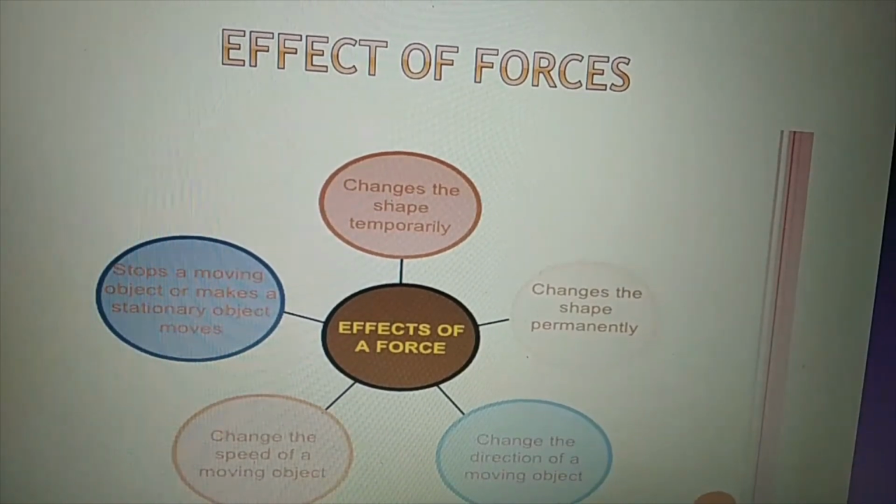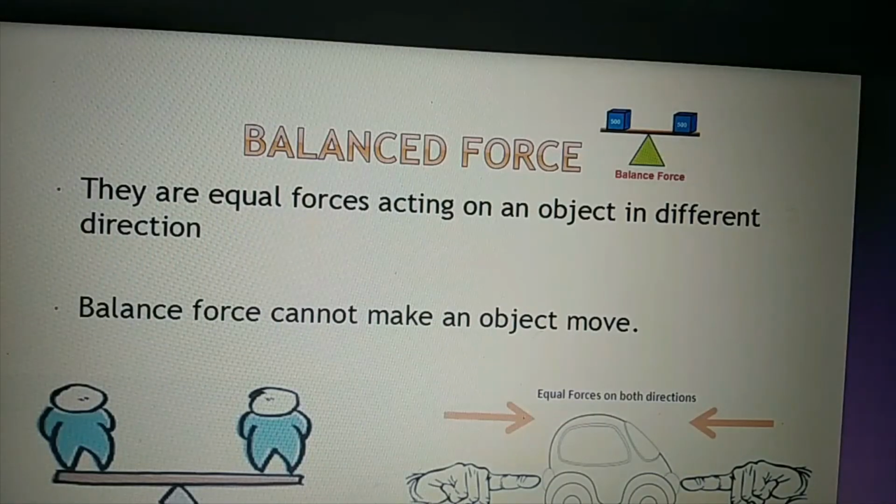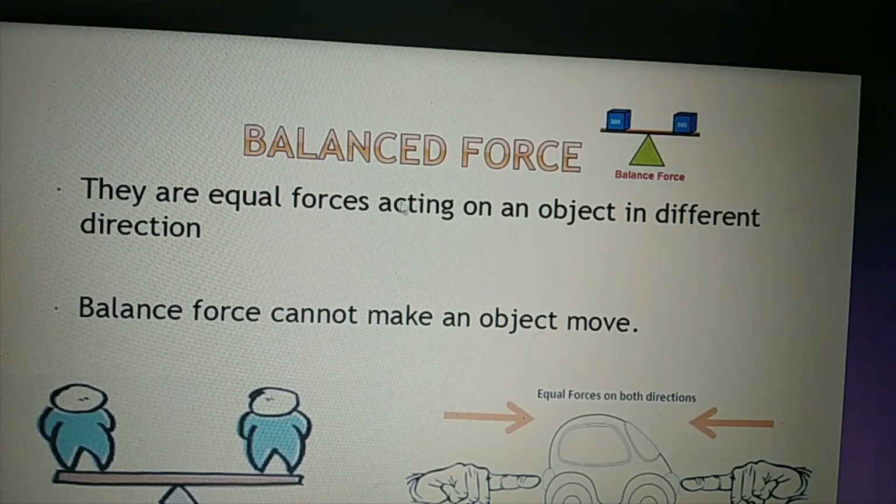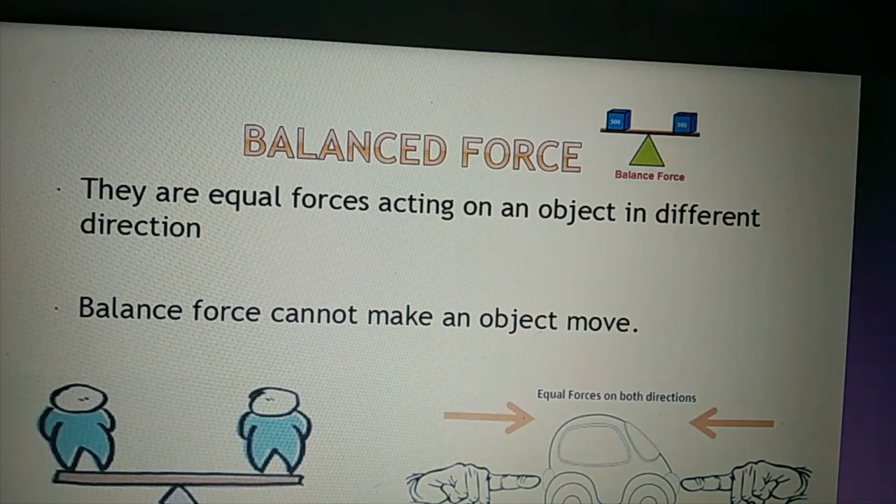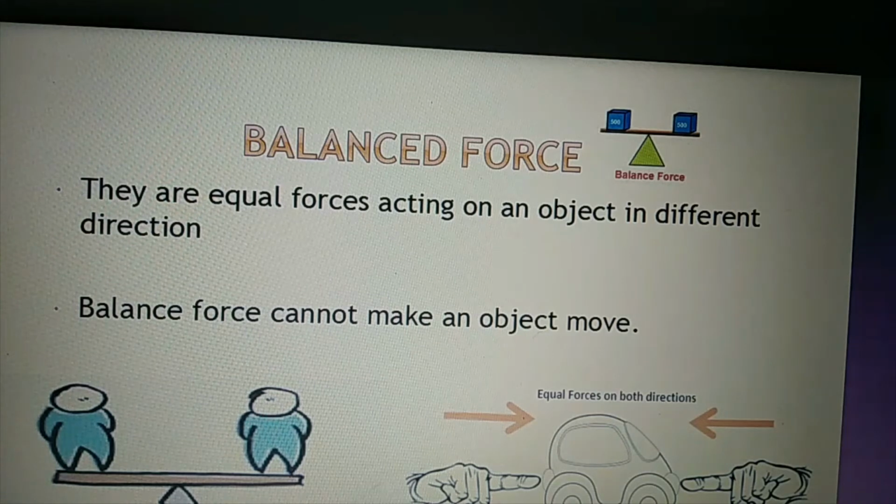Okay, so let's go to balanced force and unbalanced force. But first, we'll discuss balanced force. What does it mean for something to be balanced? It means we have equal forces acting on an object in different directions. Look at this picture. The force on this side is equal to the force on this side.